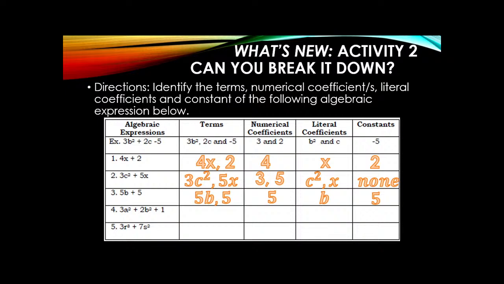Terms, 3a squared, 2b squared, and 1. Atong numerical, 3 and 2. Atong literal, a squared and b squared. Dili na cube. Then, ang atong constant is 1.